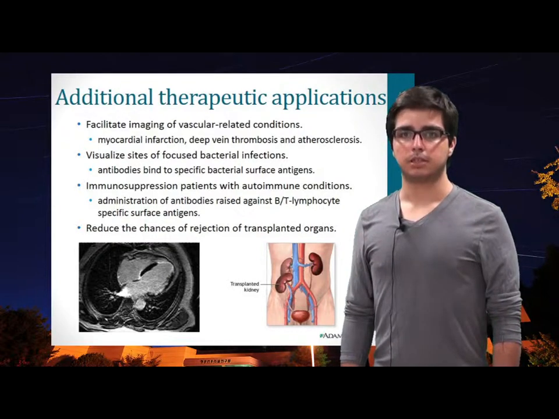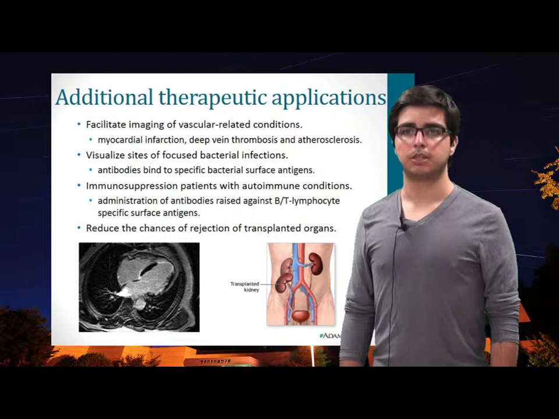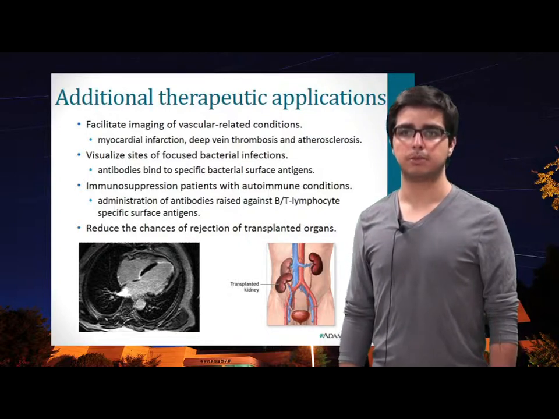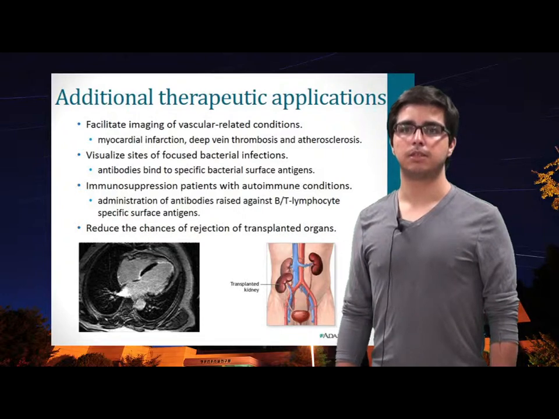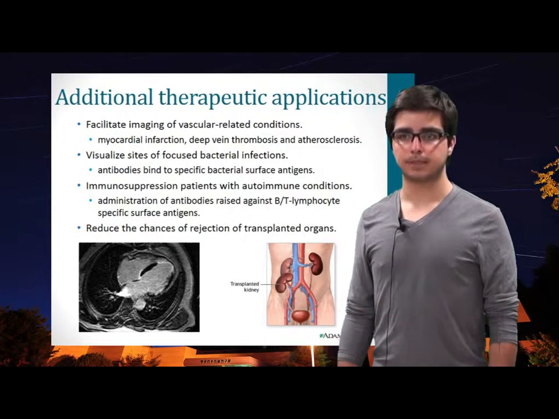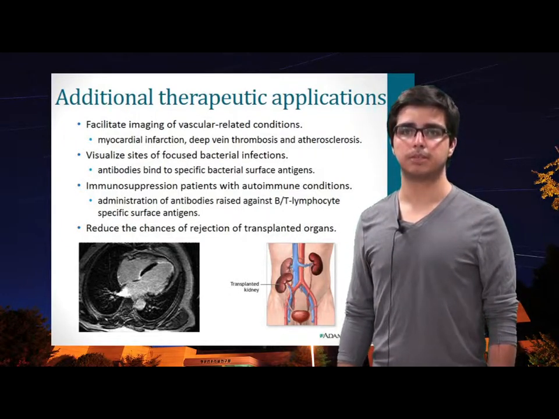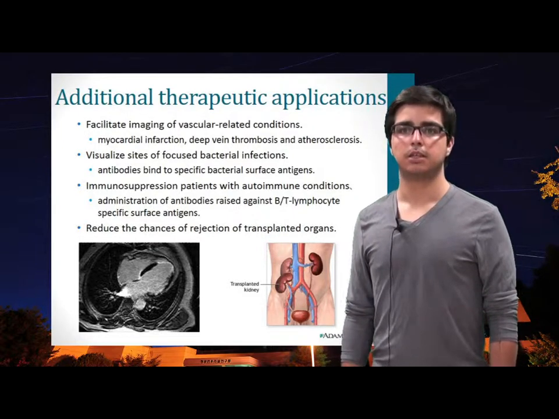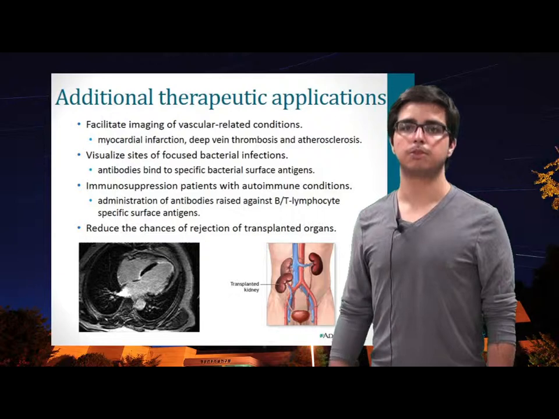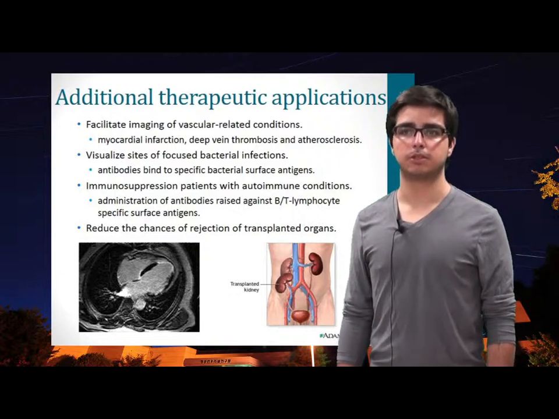We can also use them for the immunosuppression of patients who have autoimmune conditions. This is done by using antibodies that will bind to B or T lymphocyte specific surface antigens. This can also be used for reducing the chances of rejection of transplanted organs.